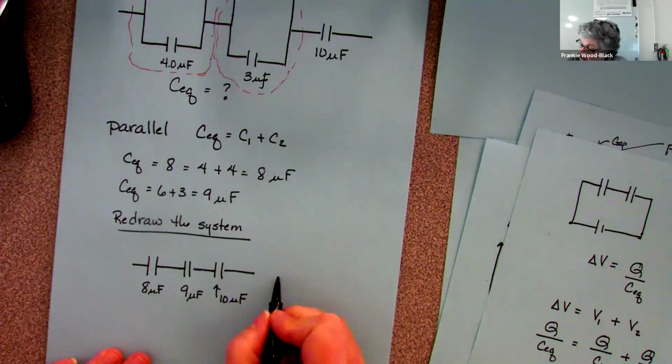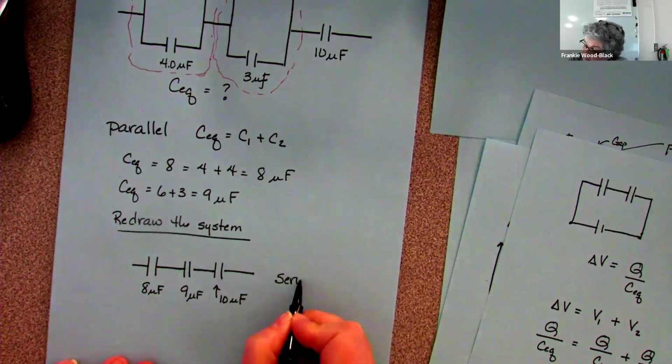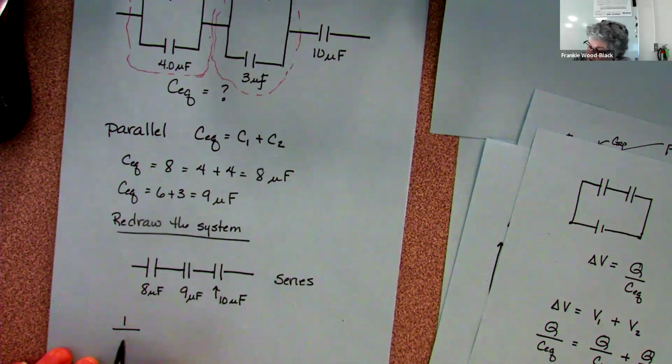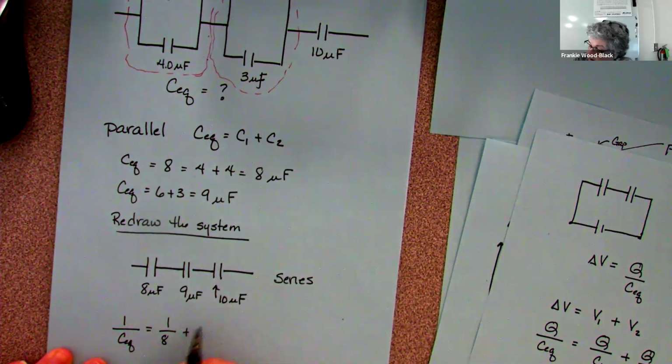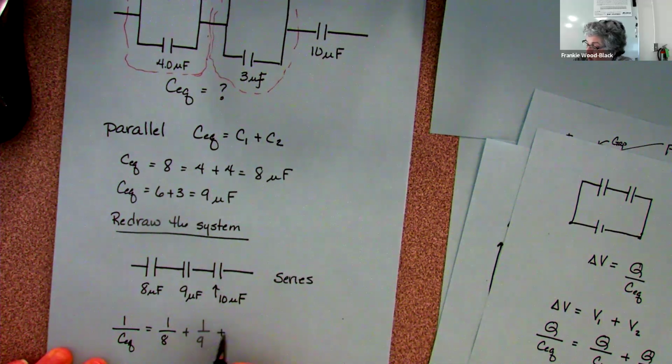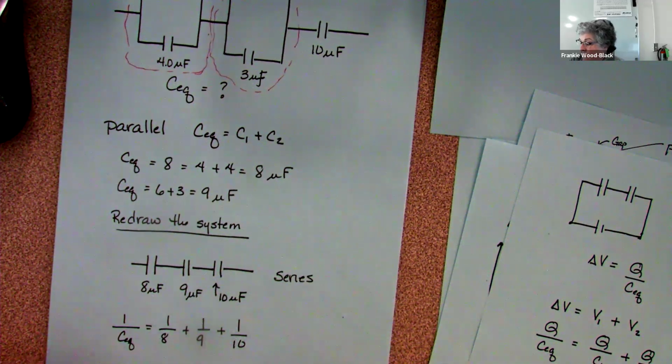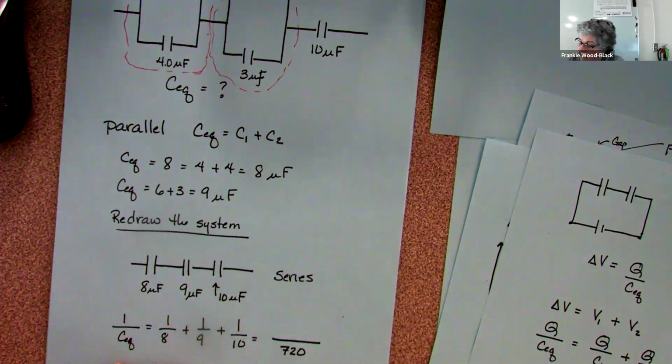But this one is now in series. So now I'm going to do 1 over C_eq is equal to 1 over 8 plus 1 over 9 plus 1 over 10. Now you get to play lowest common denominator or punch it into the calculator. But I'm going to do lowest common denominator. I'm going to do this over 720.